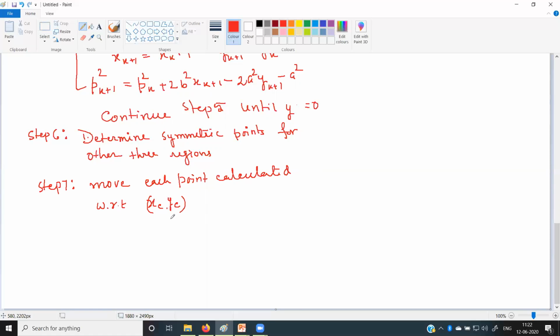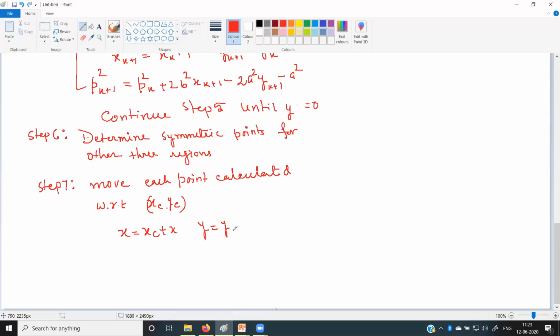And how can we do it? Very simple. You just write: the point which I need to plot is nothing but XC plus X. And for the point of Y which I need to plot, the value of Y will be YC plus Y.